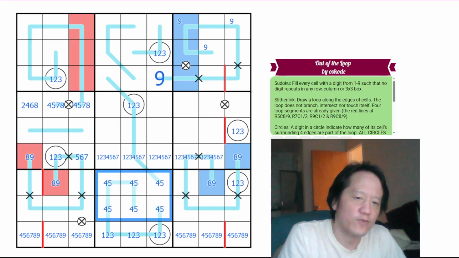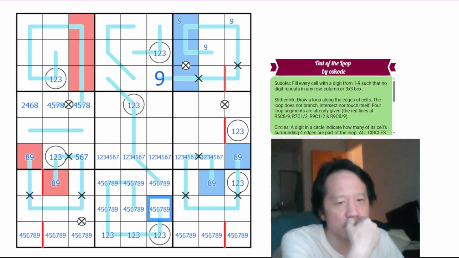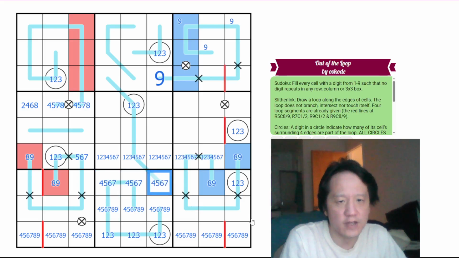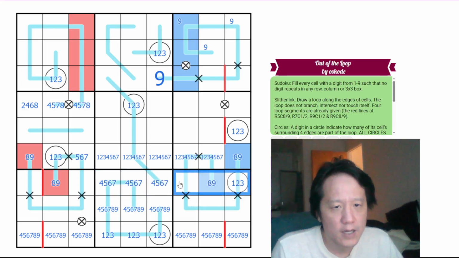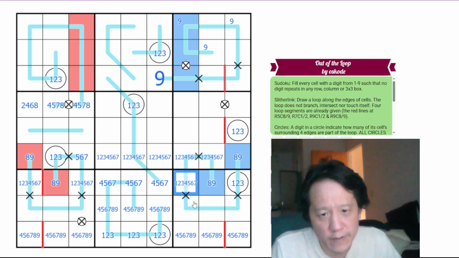So it has to be 4 through 9 here. This cannot be an 8-9 pair because of the 8-9 in the row. The rest of row 7 has to be 1 through 7. Okay.